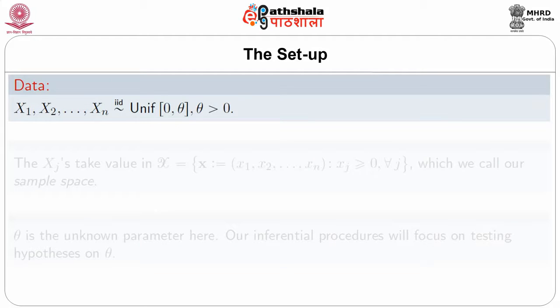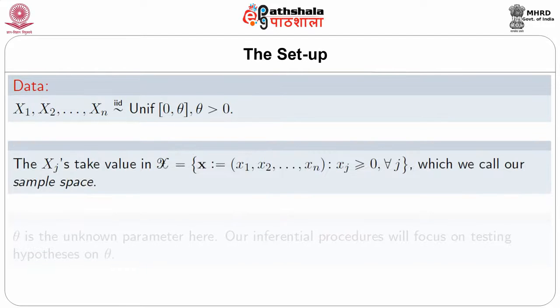So here take a random sample of size n from a uniform(0, theta) population where theta is greater than 0. So X1, X2, ..., Xn are independent and identically distributed uniform(0, theta).